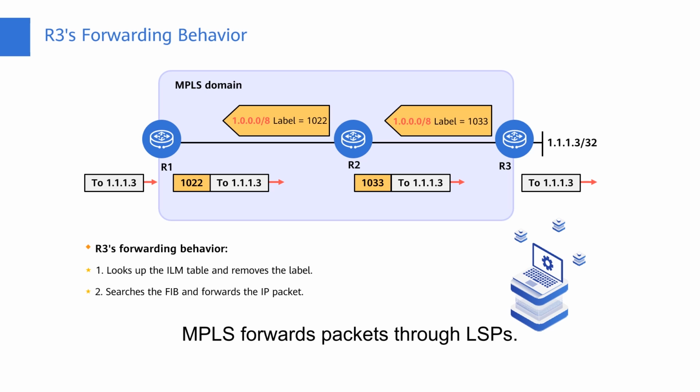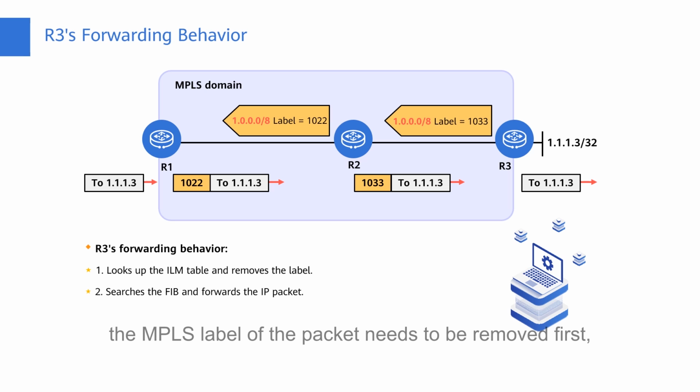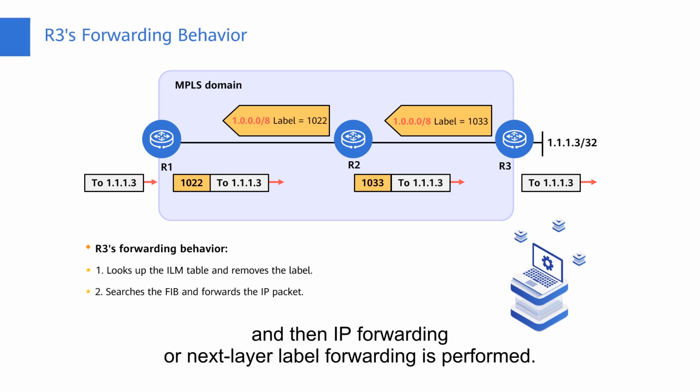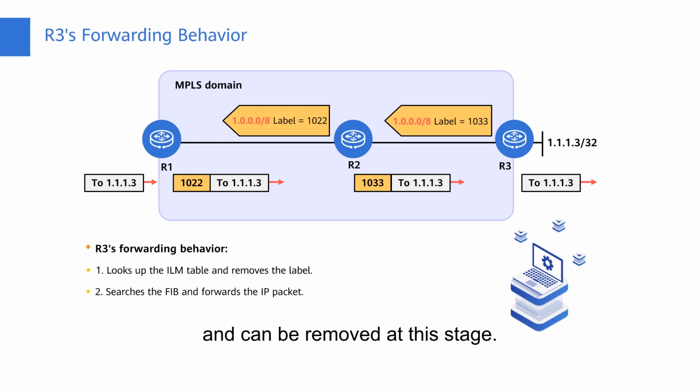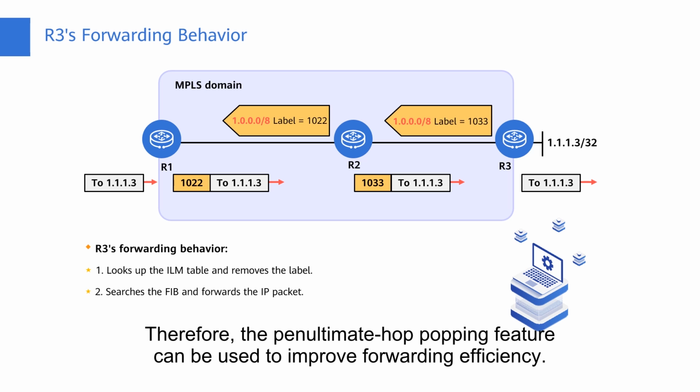MPLS forwards packets through LSPs. At the last hop of the LSP, the MPLS label of the packet needs to be removed first, and then IP forwarding or next layer label forwarding is performed. However, the MPLS label is not needed on the last hop of the LSP, and it can be removed at the penultimate hop. Therefore, the penultimate hop popping feature can be used to improve forwarding efficiency.